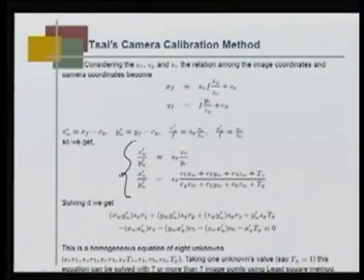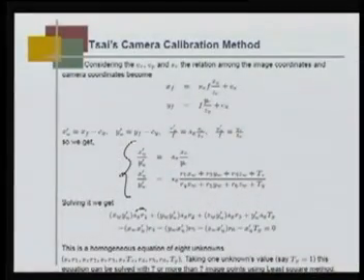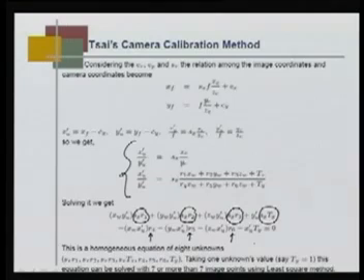Given xf and yf and given the actual xyz in the world coordinate, how do I compute these parameters: sx r1, sx r2, sx r3, sx tx, and then r4, r5, r6 and ty?